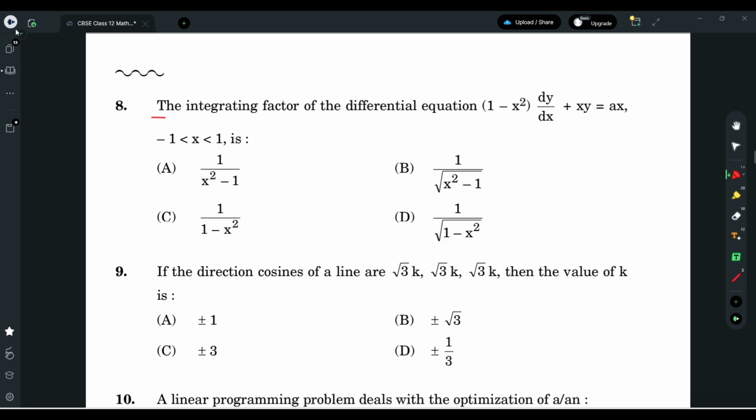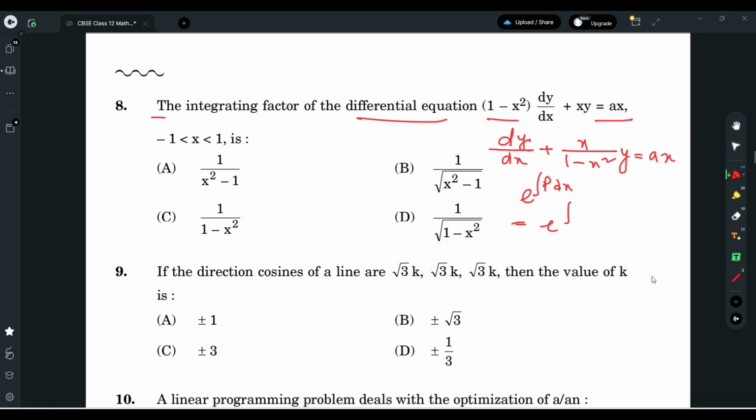The integrating factor of the differential equation is this. Okay, so let us first write this equation in standard form. That means dy/dx, dividing both sides by 1 minus x square, plus x by (1 minus x square) into y equal to a x. Obviously a is constant, so this is the standard form, and we know that this equation is of the form dy/dx plus P(x) into y equal to Q(x), and the integrating factor is e to the power integral of P dx.